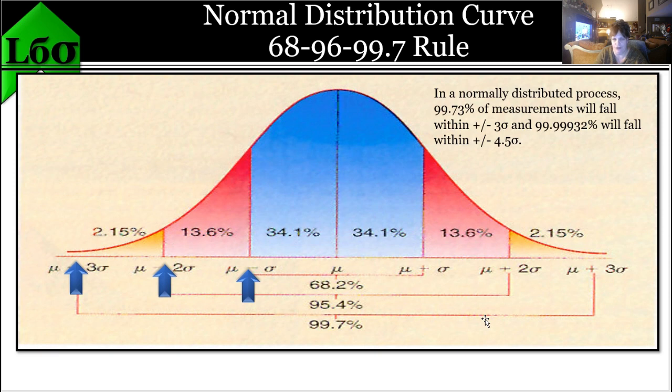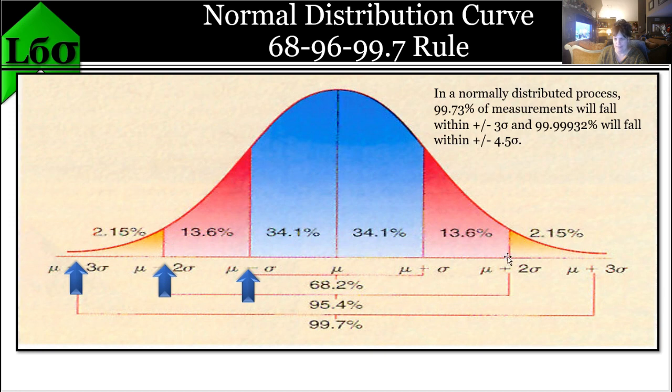So let's look at a normal curve. The normal curve fits the 68, 95, 99.7 rule, which means that plus or minus 1 standard deviation is going to fit 68% of the population of your data set, within this area of plus or minus 1 sigma. Then plus or minus 2 sigma is going to be 95% of your data set, which is actually 95.4, from here to here.